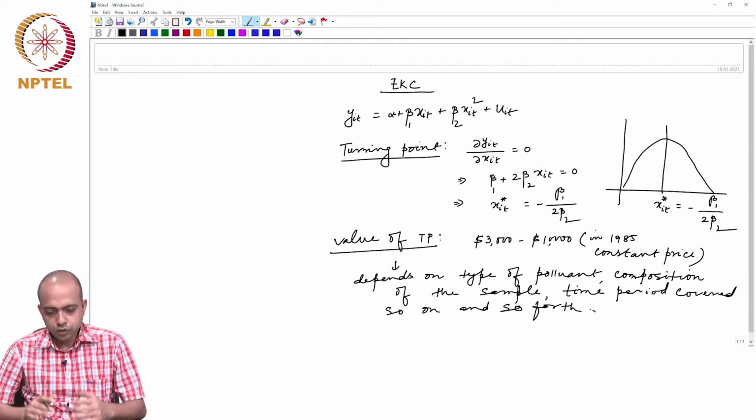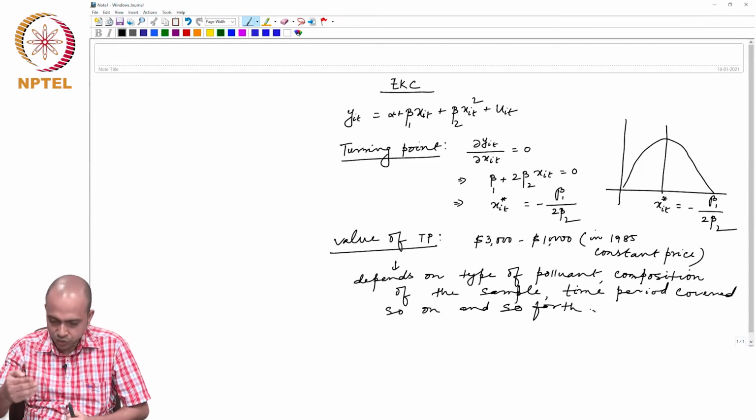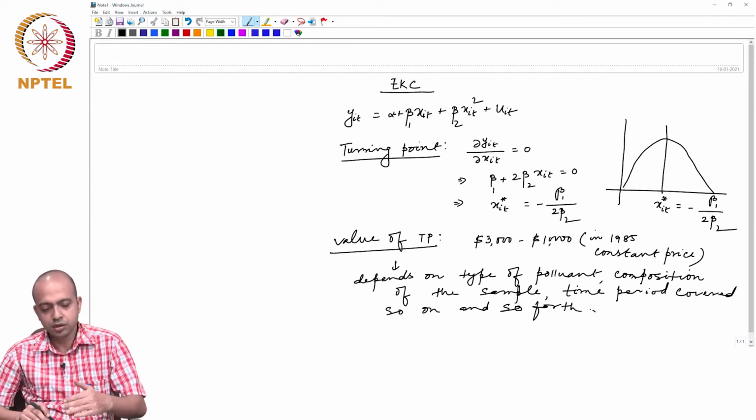Okay. So depending on what type of pollutant you use, what is the composition of your sample countries, and what is the time period that you covered, these factors will basically determine the value of the turning point, right.